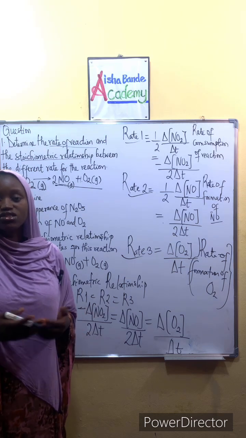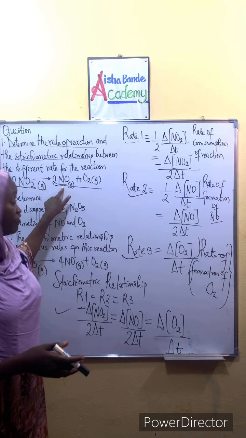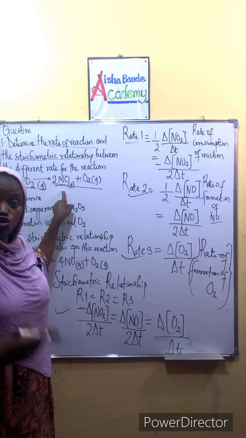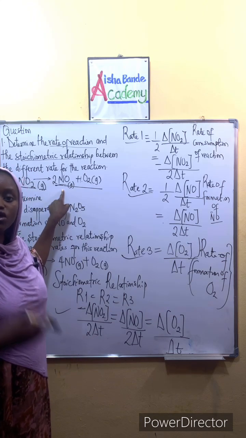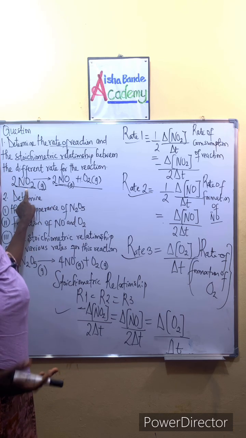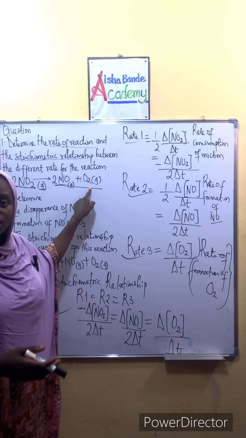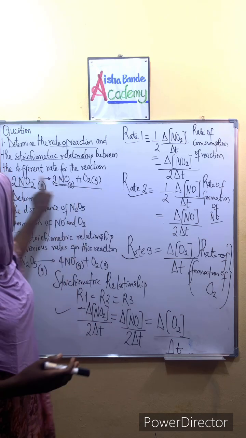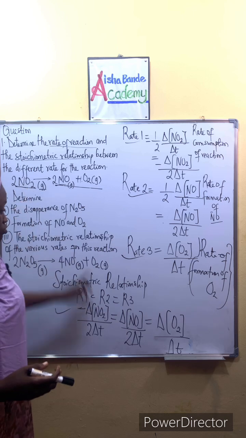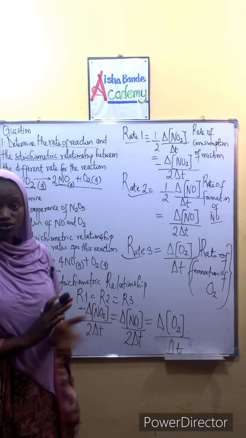Therefore, the rate at which NO is produced, that's the first product here, is equal to the rate at which NO2 is consumed. And also, the rate at which O2 is formed is half the rate at which NO2 is consumed. So that's the summary of the final answer we have.